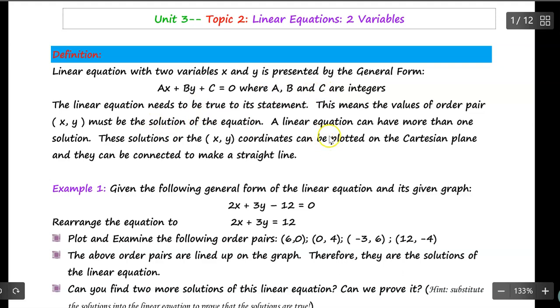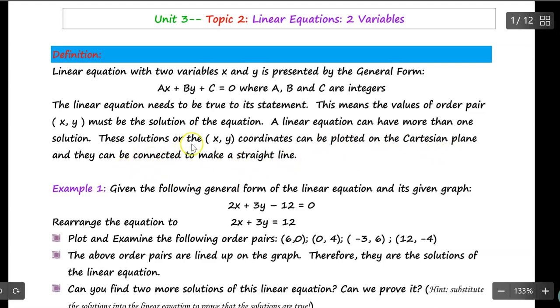A linear equation can have more than one solution. Another characteristic of the linear equation on the Cartesian plane is that it can have more than one solution. What does it mean by the solution here? These solutions, or the x and y coordinates, can be plotted on the Cartesian plane and they can be connected to make a straight line.